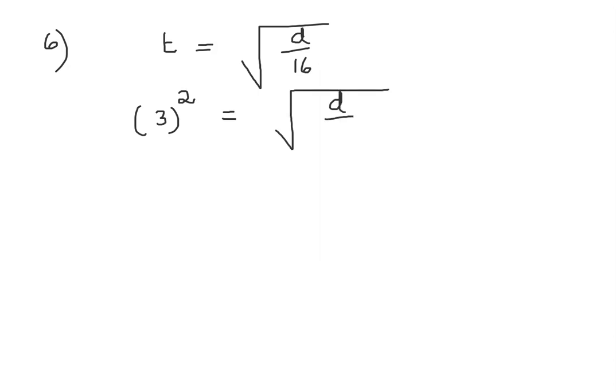And he knows that the time in seconds for a falling object is given by the formula T equals the square root of D over 16. So we have to find D, the height of the cliff. And T, the time, is given as 3 seconds. So I'm plugging in 3 for T, and you have to find D.